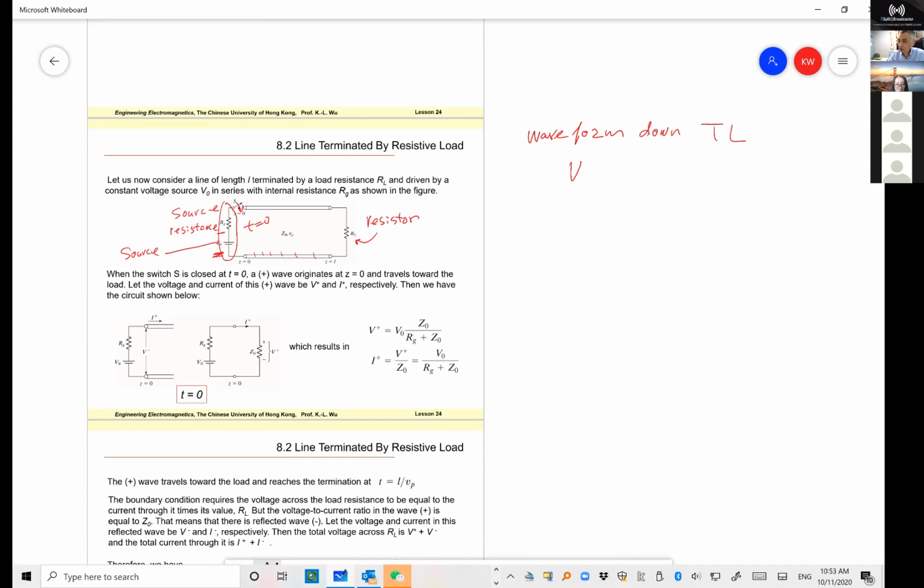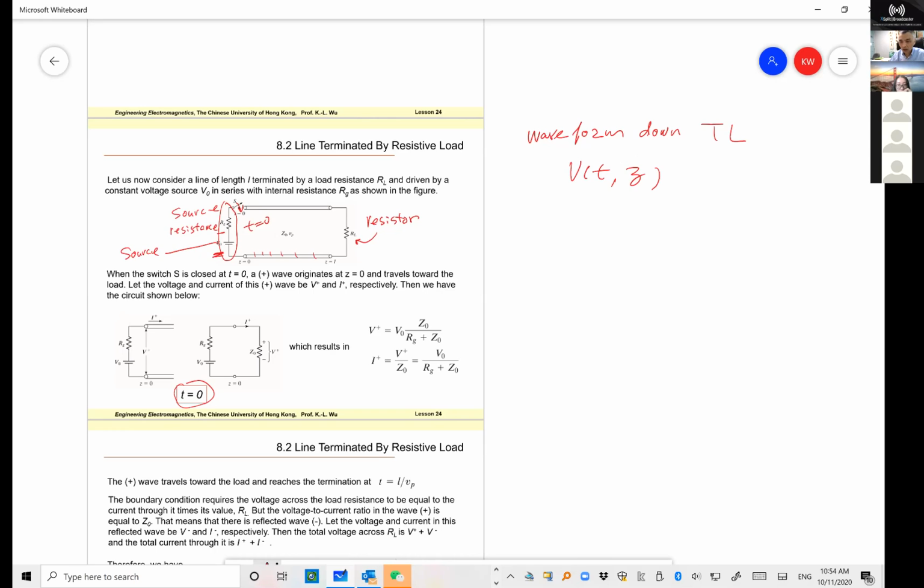Of course, the voltage must be a function of time and a function of location. So if this is z, a function of location. Do you agree?